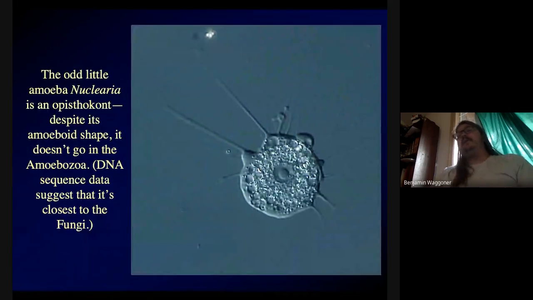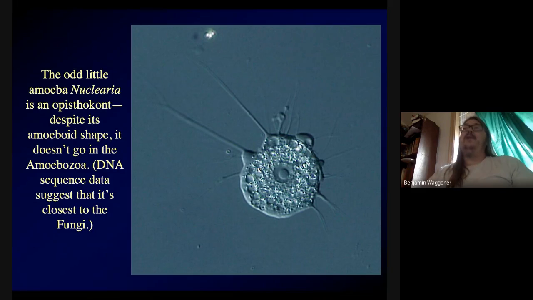So this is a fun little amoeba that looks like a fried egg. It's called Nuclearia. And I know we put most of the amoebas in the amoebozoa, but this is a case of convergent evolution. Many critters that are amoebas don't belong in the amoebozoa.